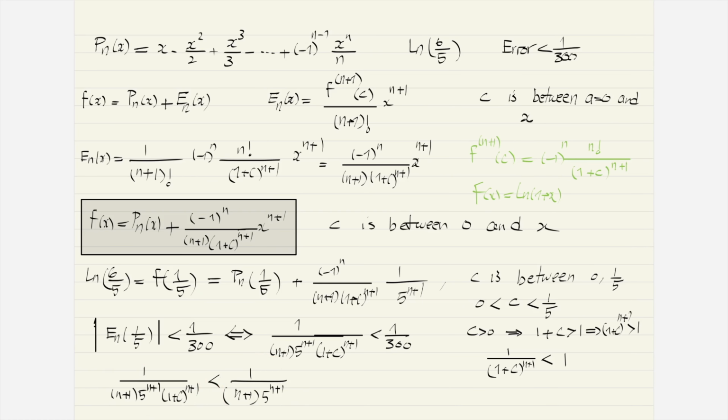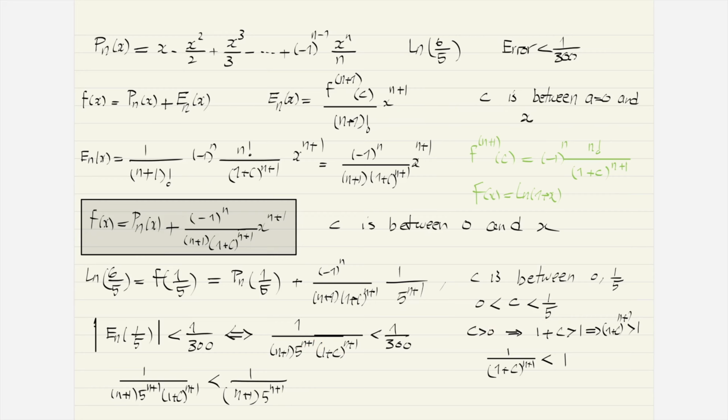So my goal is to make this less than 1 over 300, which is a hard problem because I have two unknowns in my problem, and n is on top and also here. But because of this assumption, I know that this is guaranteed already.